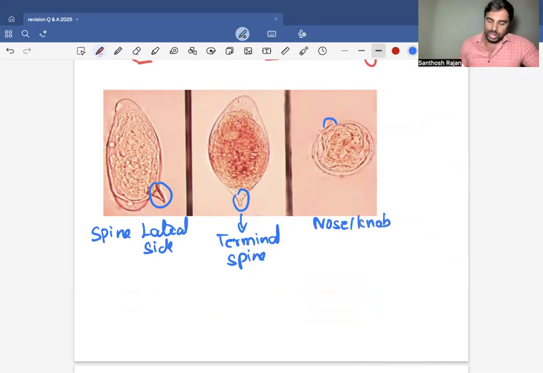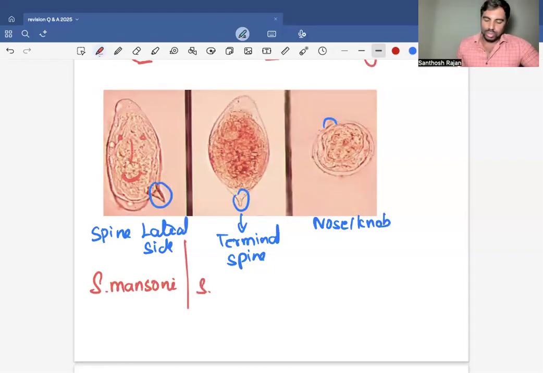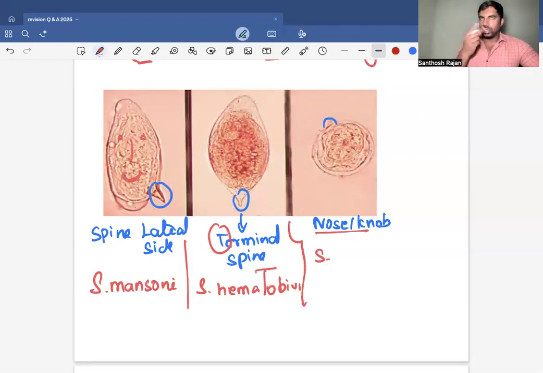Mansoni has a pimple on the side part. Whereas terminal is Schistosoma haematobium: T for terminal, T for haematobium. And the small knob, which country's people are small? Japanese. So Schistosoma japonicum.